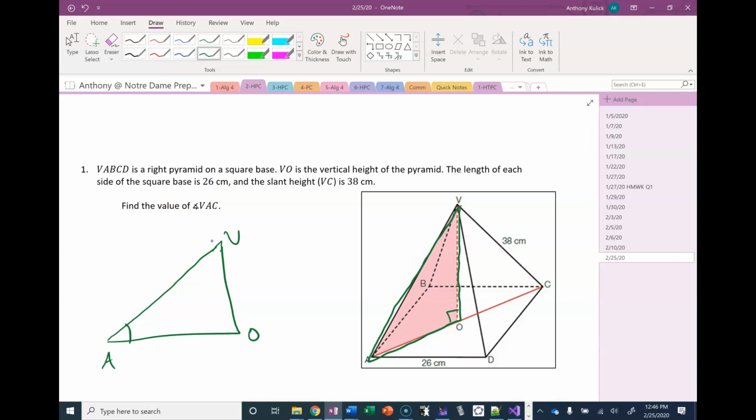Okay with that? VA is a slant height there. So VA and VC are certainly the same length.